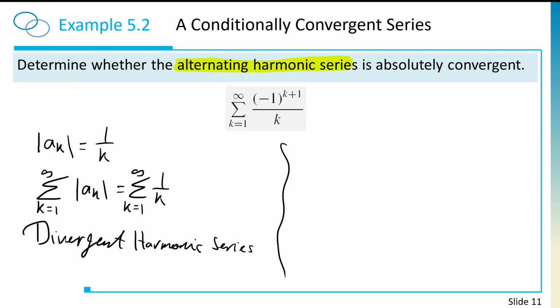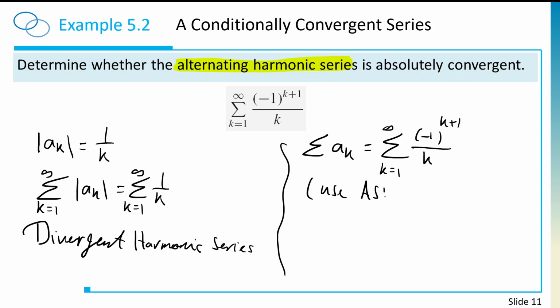Without the absolute value, so the sum of a_k alone, it is the alternating harmonic series. Remember, we saw this in 8.4. You can easily use the alternating series test, and by using the alternating series test, it converges.